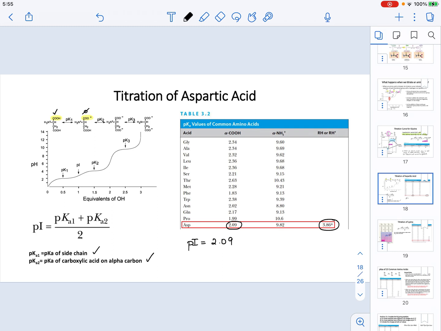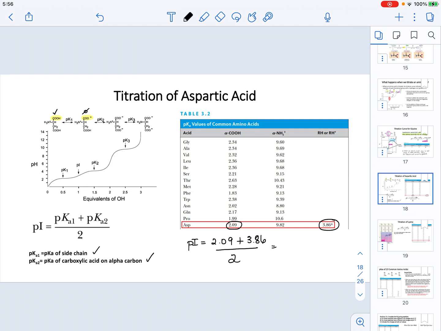2.09 plus 3.86, and we're going to divide this by 2. Let me just do this mathematical operation. 2.09 plus 3.86 divided by 2.